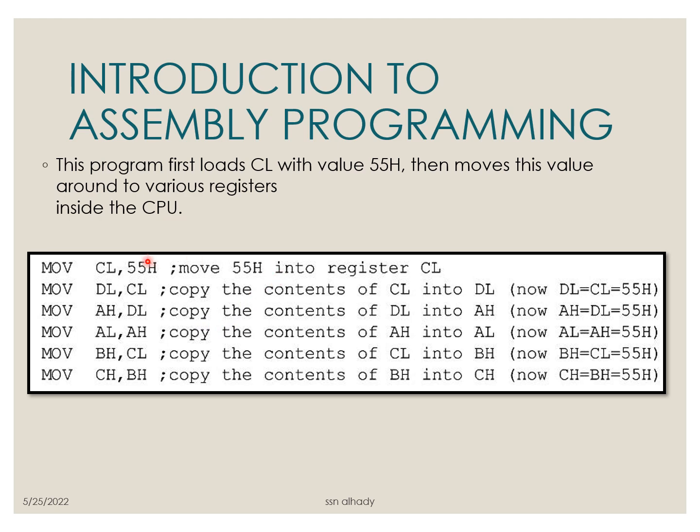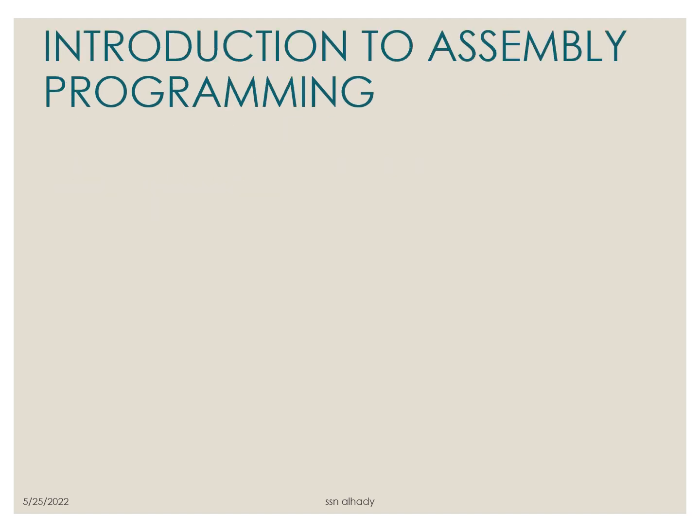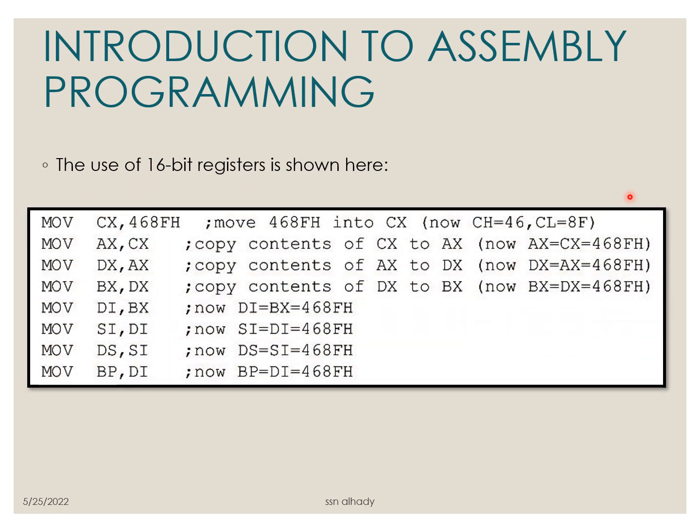You have to bear in mind that here you are using 8-bit registers, so the number here is 8-bit. 55 is 8-bit. Here is the use of a 16-bit register.